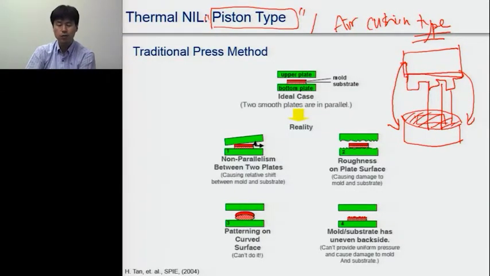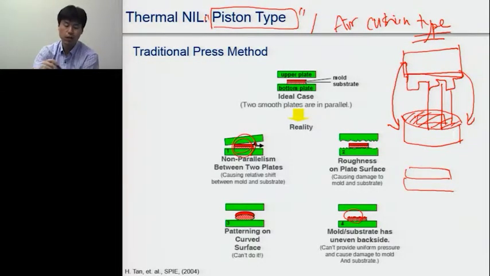But in this case, if we are using very small piece samples, depending on how uniform the thickness is, or what the roughness of the master mold is, the piston cannot apply even pressure.